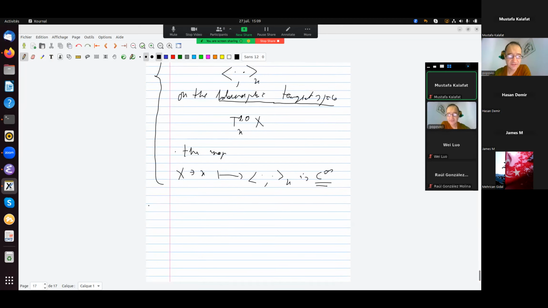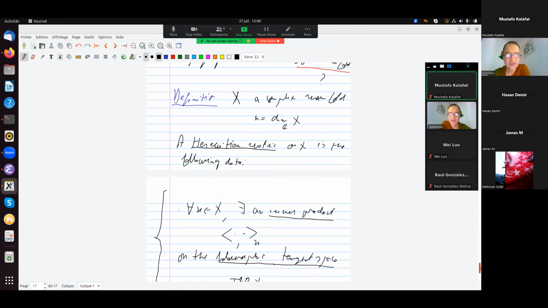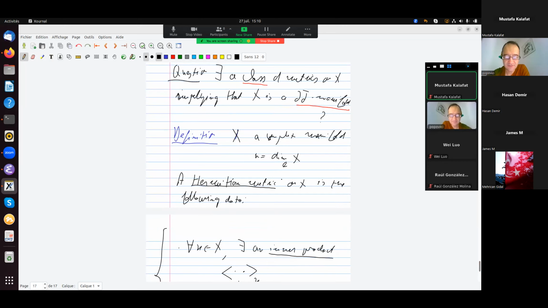Now, in local coordinates, the metric is given as follows. Let's give it a name: a Hermitian metric g.